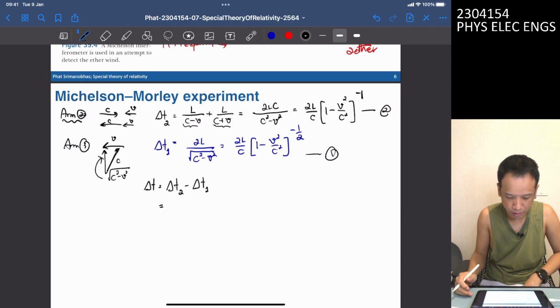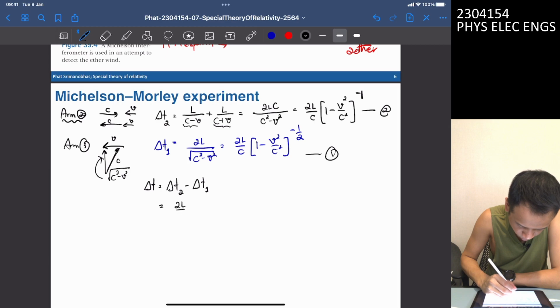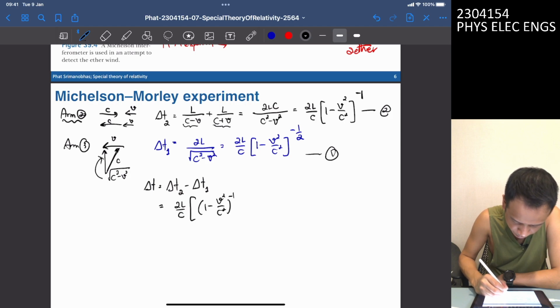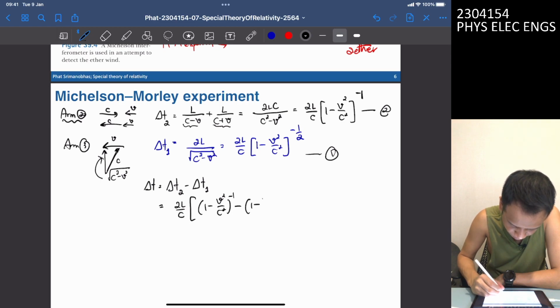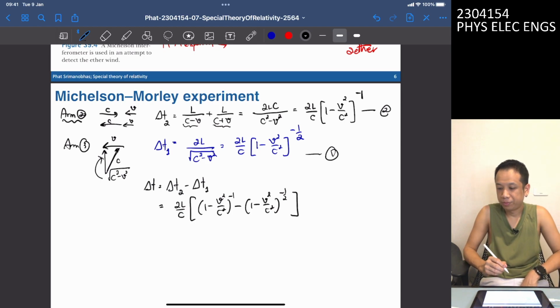Let's set it in this way so it's easy. So you get 2L over c, times 1 minus v square over c square to the power of minus 1, minus 1 minus v square over c square to the power of half.